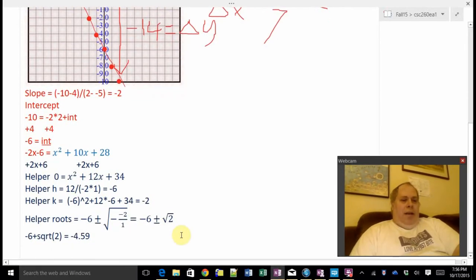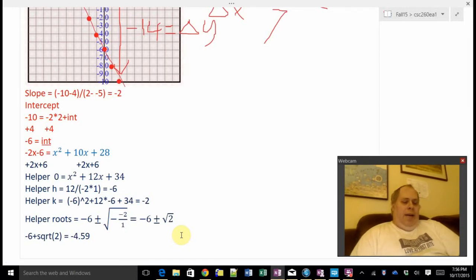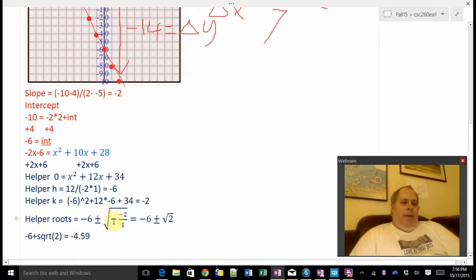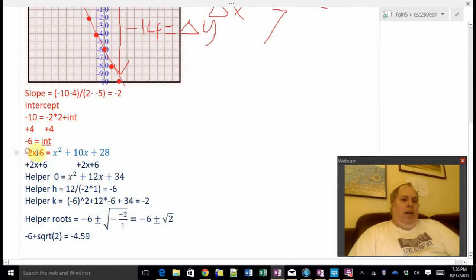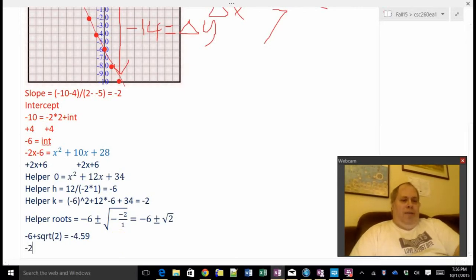And then, to get the y value, I plug it into one of these original formulas, either this one or this one. If it works in both formulas, that's a check. It'll be a little rounded, so there might be a little bit of difference, but it should be close.